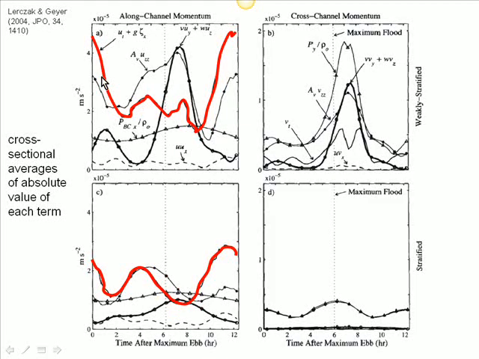Each one of these lines represents a cross-sectional average of the absolute value of each term. So this red line represents du/dt plus the barotropic pressure gradient produced by the sea level slope. You see that? du/dt plus g dη/dx. That's what that red line is.